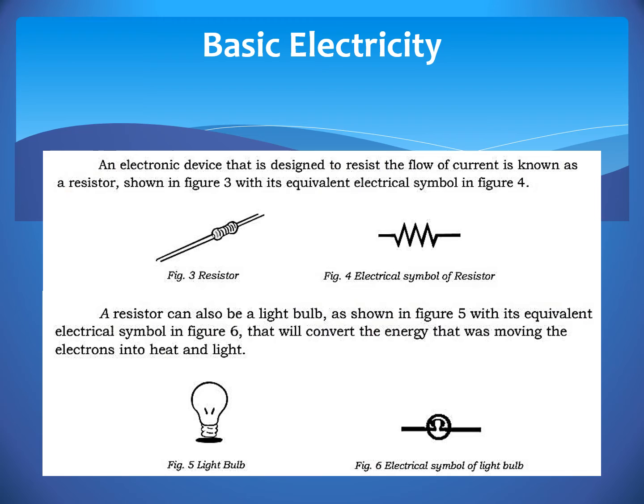Its equivalent electrical symbol is in figure 4. I guess you can see that there. That's the symbol of a resistor. A resistor can also be a light bulb, as you can see on figure 5, which corresponds to figure 6, the electrical symbol of a light bulb.